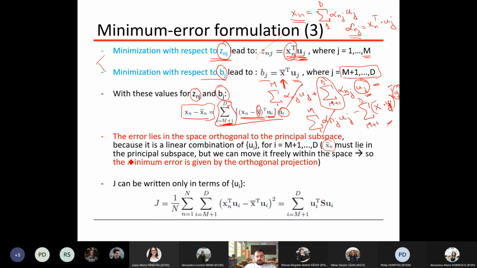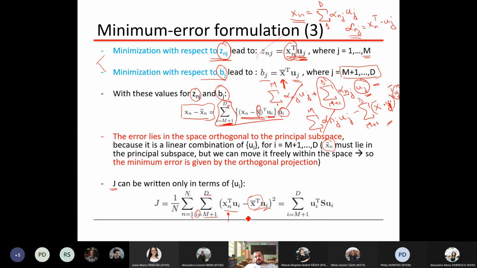So since we know that the minimum error is obtained when we have the orthogonal projection of that point onto the principal subspace, it means that we can rewrite the value of J as being 1 over N, summation from 1 to N, summation on all the dimensions that are not kept for the principal subspace of the error, which means the projection of the individual points on these basis vectors that we're not keeping for the principal subspace, minus the projection of the mean on the same vectors.